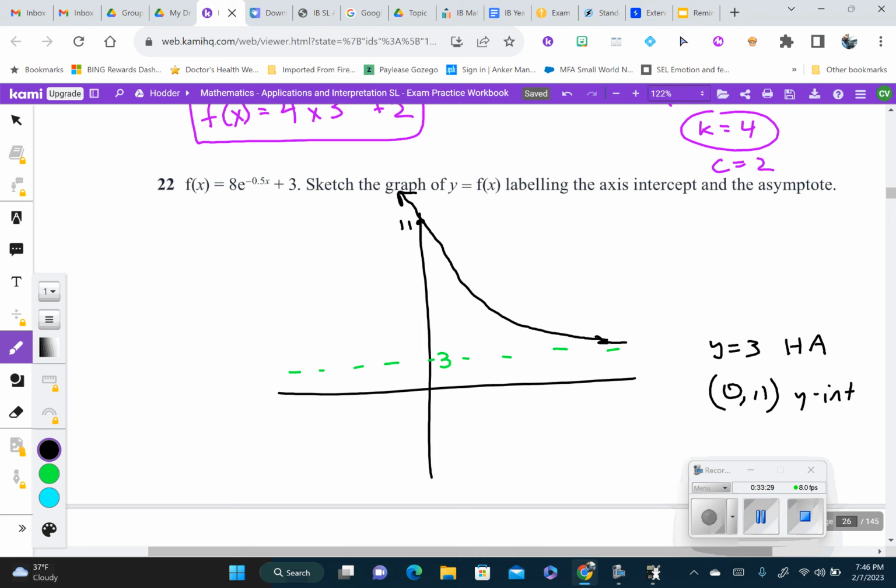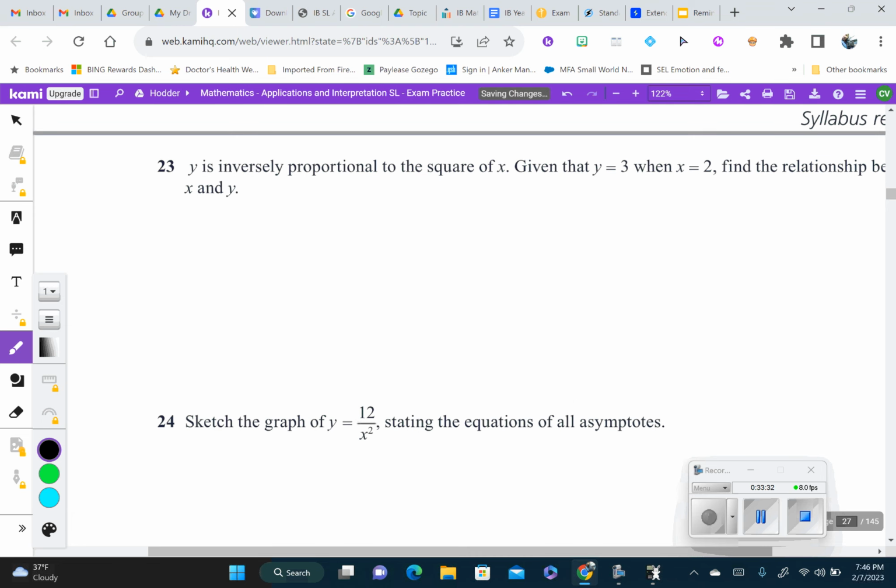All right, question 23. Y is inversely proportional to the square of x, okay? So if it just said x, I could write y is equal to k over x, but since it says the square of x, it's going to be k over x squared. So it says given that y is 3, so I'm going to take 3 is equal to k over, and x is 2, so I'm going to do 2 squared here.